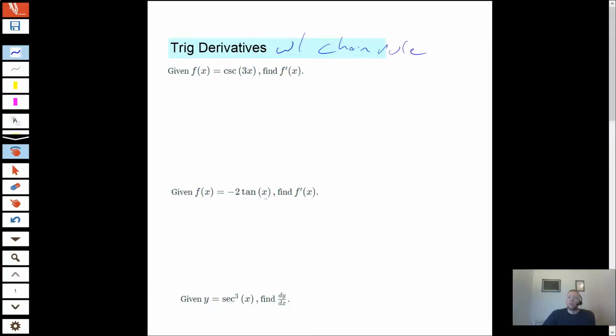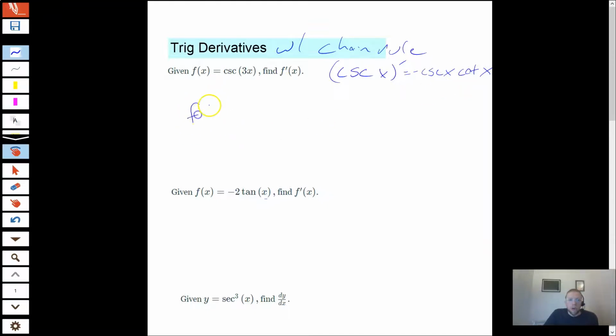Okay, so trig derivatives with chain rule. So as we go, I will give you the rules that I'm using off this sheet. In this case, cosecant of x, the derivative of that is negative cosecant cotangent. Negative cosecant x cotangent x. Okay.